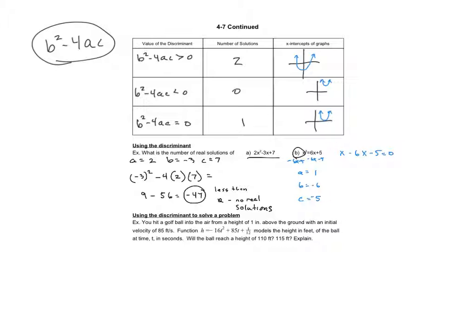Go ahead and substitute those values into your discriminant, and I'm going to have negative 6 squared minus 4 times 1 times negative 5, and then that gives me 36 plus 20, a positive number, and a positive number is greater than 0, and that's going to give me two real solutions, or two x-intercepts, also known as solutions, roots, x-intercepts.